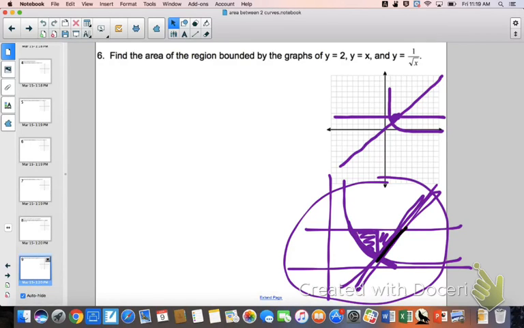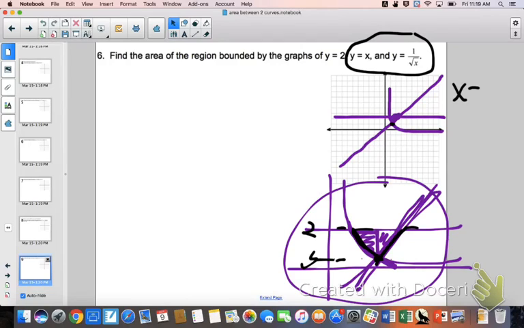This is going to become your top and this is going to become your bottom. Your bounds are whatever this y value is and y equals 2. So, to find out what those bounds are, you have to set these two equal to each other because that's this point right here.